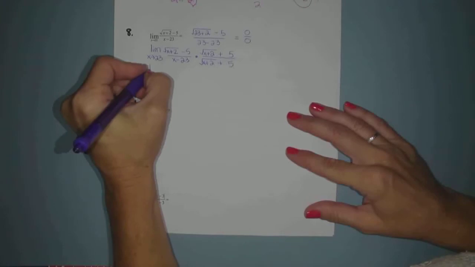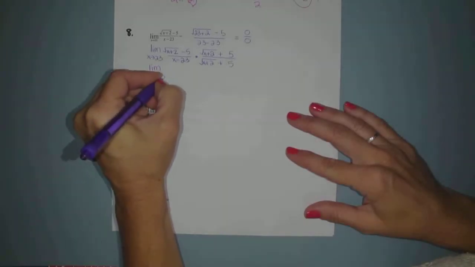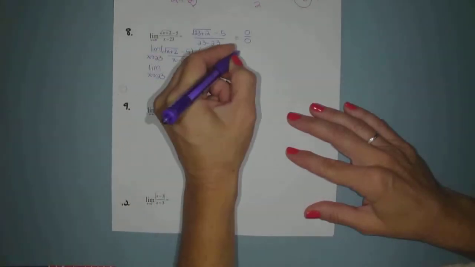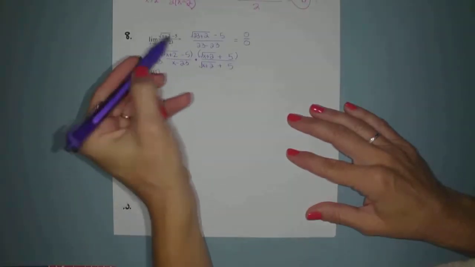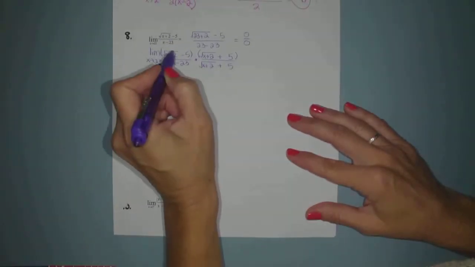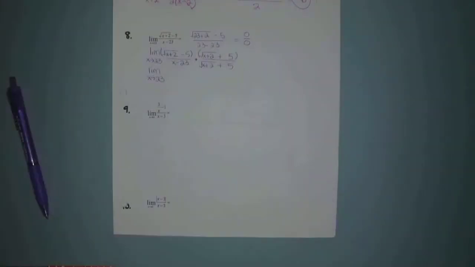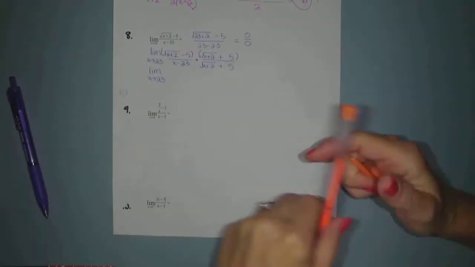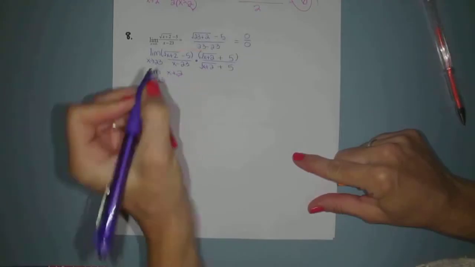Okay, so then my next step, I want to FOIL the conjugates. So I'm going to throw these two into parentheses, and I'm going to go ahead and FOIL the top. When I take the square root of x plus 2 times the square root of x plus 2, I get x plus 2, just what's underneath the square root.